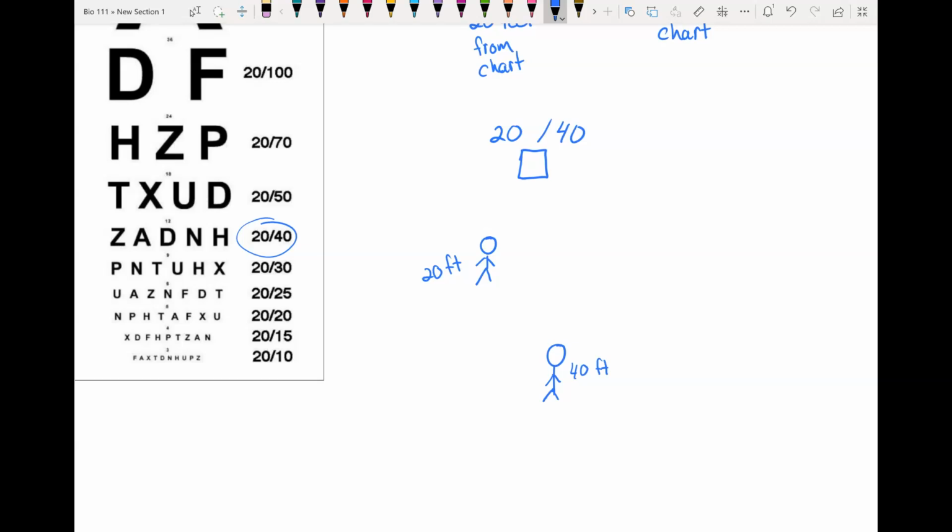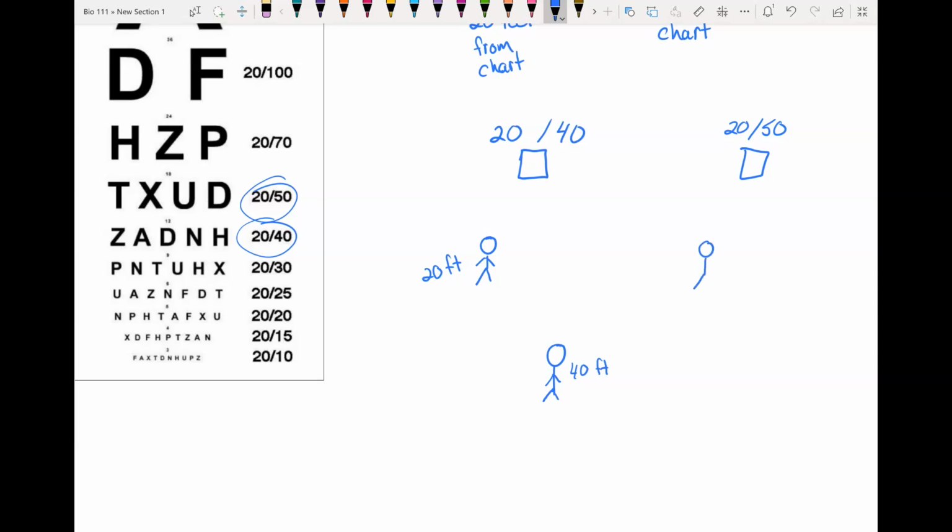So 20/40 is below average. An average person can stand 40 feet away and read this line. You have to be 20 feet away in order to read that line. You have to be closer to the chart than the average person. Let's say 20/50. If your vision is 20/50, here's the chart.